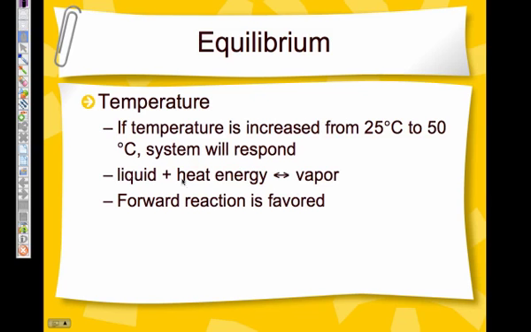So to go from liquid to vapor, that would be a forward reaction. If it would have decreased from 50 degrees Celsius to 25 degrees Celsius, would you have more liquid form? So that would be more vapor going back to liquid, so that would be the backwards reaction, or the reverse reaction is favored. So kind of think through that process.